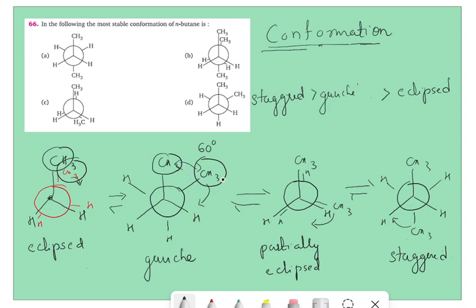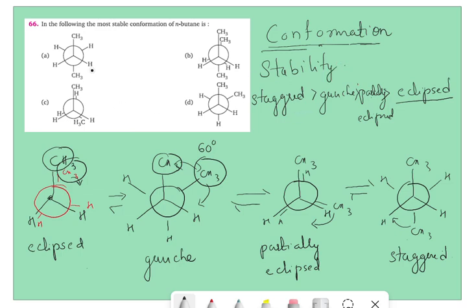There is still a repulsion, but look at this, it's partially eclipsed. It's still eclipsed. That means it is not so stable. But completely eclipsed is the least stable due to higher steric hindrance. Okay, this is the order of stability for different conformational structures.